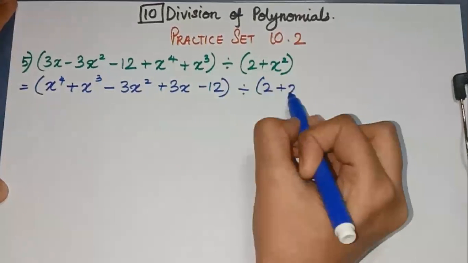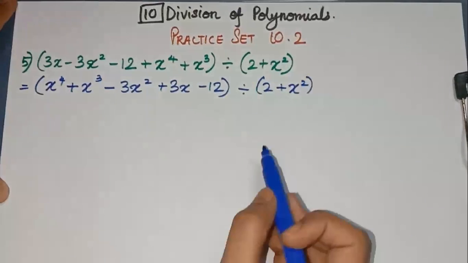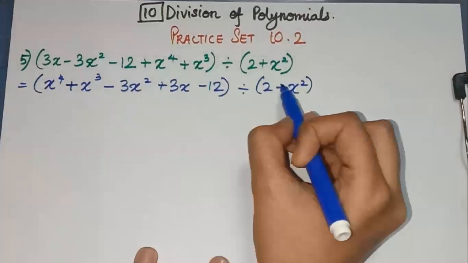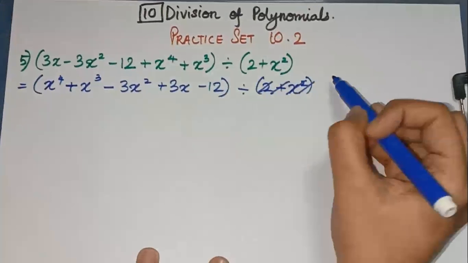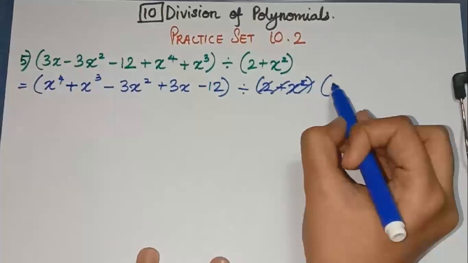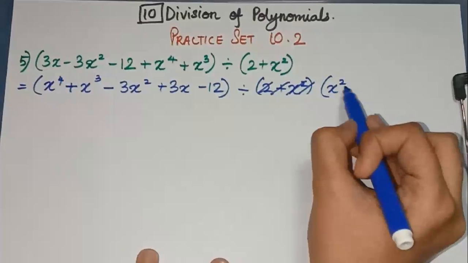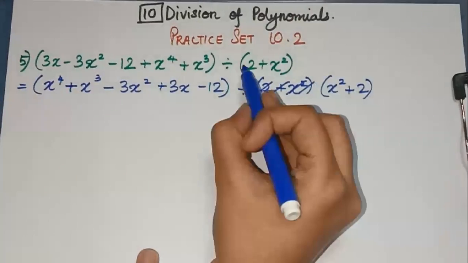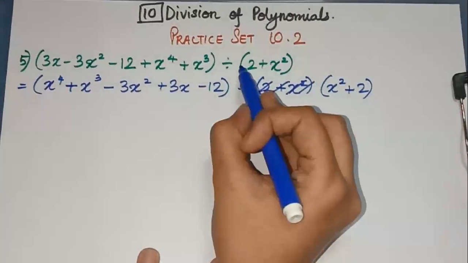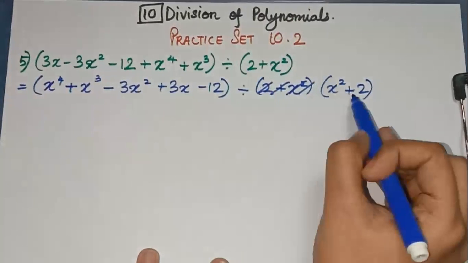Divided by 2 plus x square. Okay, or also girls, we will change this bracket also. Okay, so I will firstly write the power variable, that is x square plus 2. There is no sign, that means there is a plus sign before 2, and hence I have written a plus sign over here.